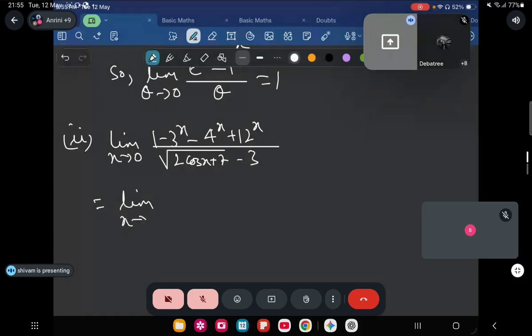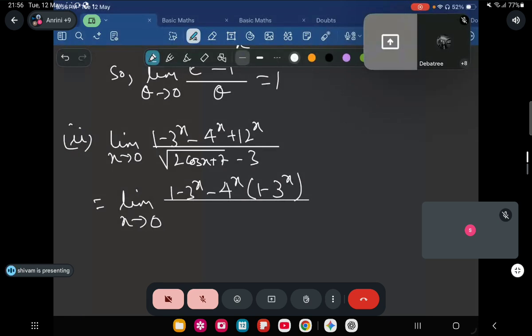Limit x tends to 0, 1 minus 3 to the power x minus 4 to the power x plus 12 to the power x. You take minus 4 to the power x common, and you'll get 1 minus 3 to the power x, divided by root 2 cos x plus 7 minus 3. Let us rationalize.